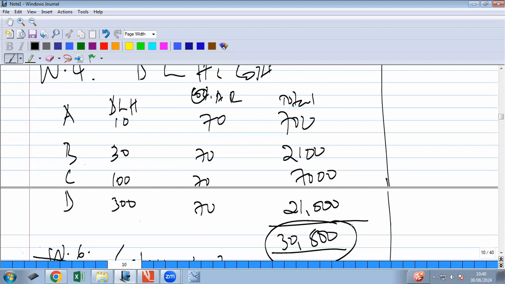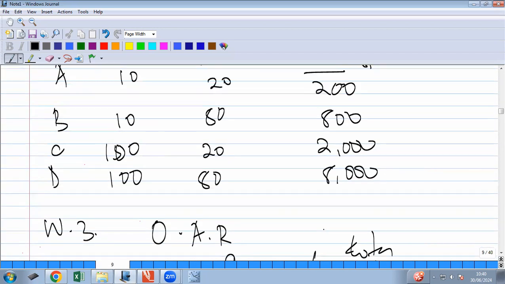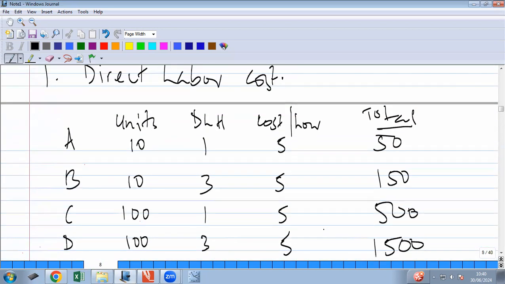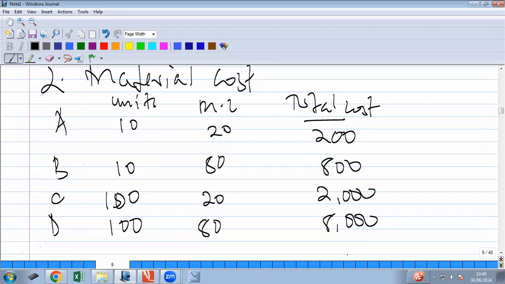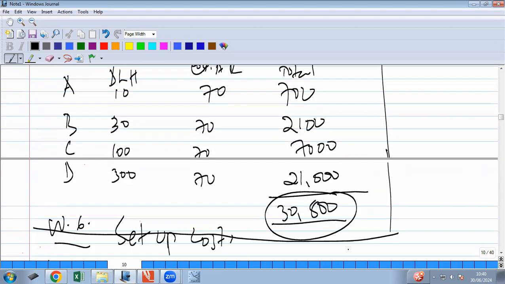That means you need to adjust somewhere. Correct? And in exam, you don't cancel. If we realize that this is wrong, that this total is different from the total overhead, don't cancel what you wrote. Just leave a space, go and make another working. Never cancel. You never know, what you're canceling may be right. In exam, we don't cancel.